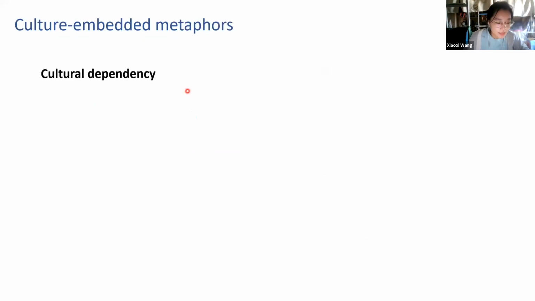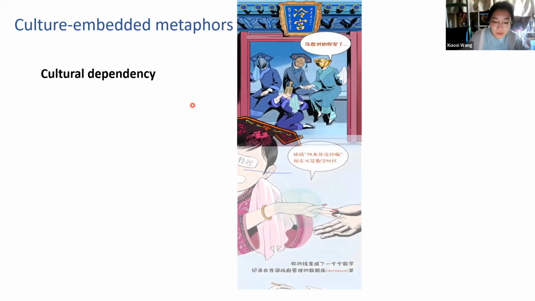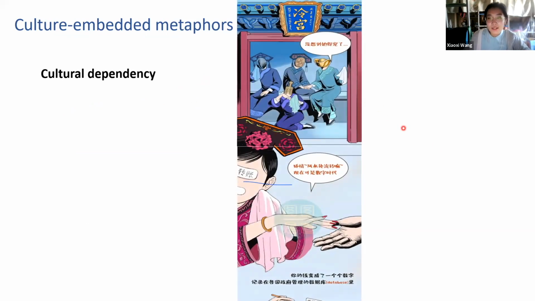And the last but one is culture embedded metaphor. It is culturally dependent and requires the audience to have certain cultural background knowledge. So like this webtoon, I don't know whether you have seen or watched the palace drama in China. It is very famous.